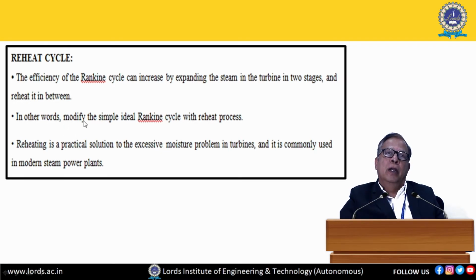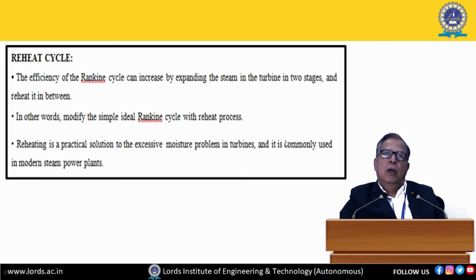Now here I have shown the reheat cycle schematic as well as the TS diagram. The reheat cycle is designed to take advantage of higher boiler pressure, as I told you, by eliminating the problem of excessive moisture content in the exhaust stream. You can see here the HP turbine, high pressure turbine, and the low pressure turbine. From the boiler, superheated steam is generated and passed into the high pressure turbine.